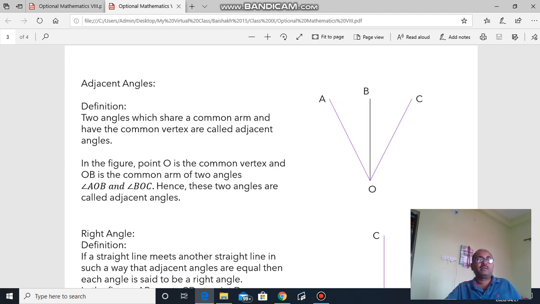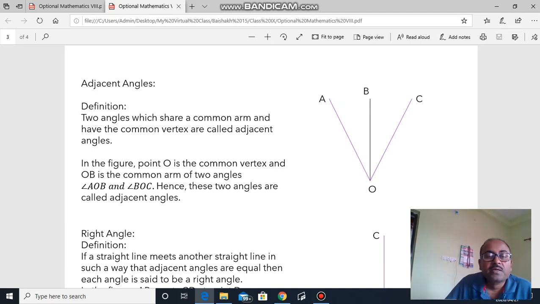Now let us define adjacent angles. Two angles which share a common arm and have the common vertex are called adjacent angles. Is it clear? Adjacent angles.